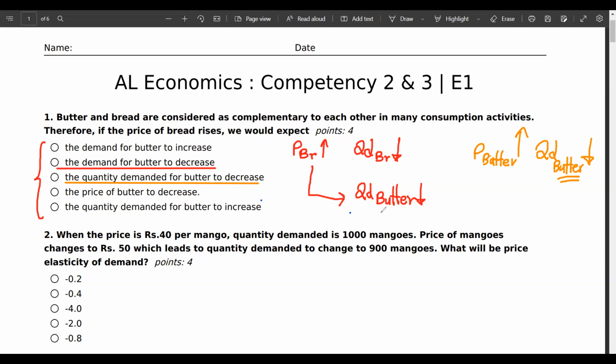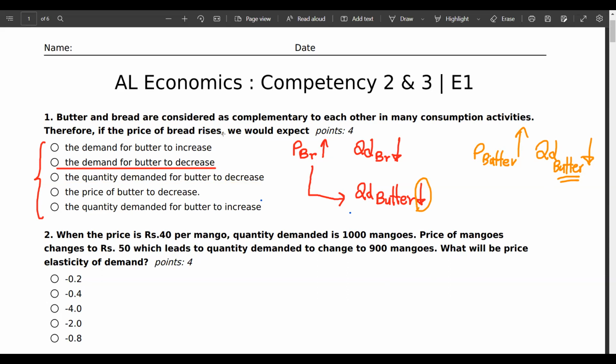So in this case, that's why this decrease in the amount of butter bought is called a decrease in demand of butter. And that's answer number 2 for this question. That's why the answer is the second one.